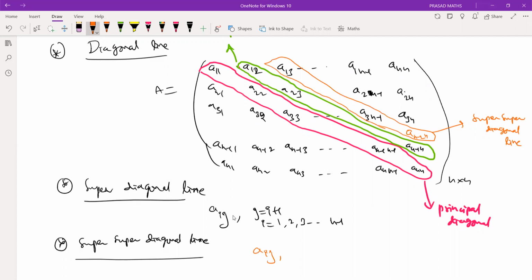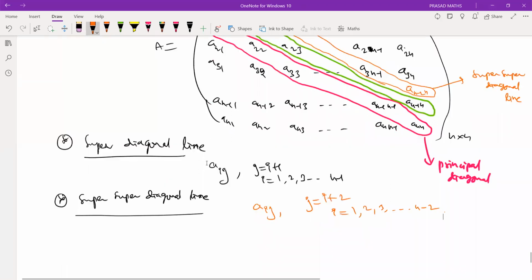That means j equals i plus 2, where i is equal to first row, second row, third row, fourth row, up to n minus 2 row. These are the second super diagonal elements.